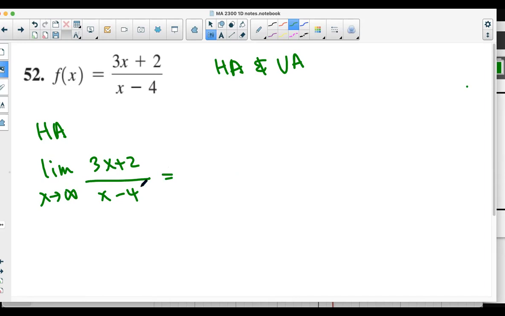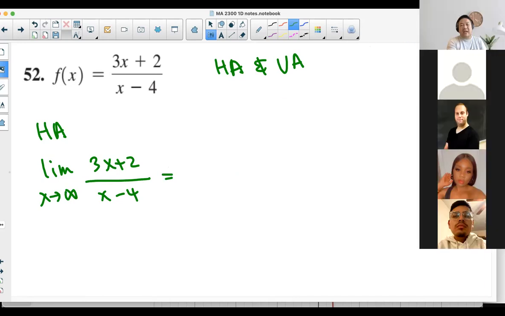No, not really. It's very minor. So what I can do is I can say that this can be expressed as the limit of 3x over x as x approaches infinity, because these two numbers are so insignificant.